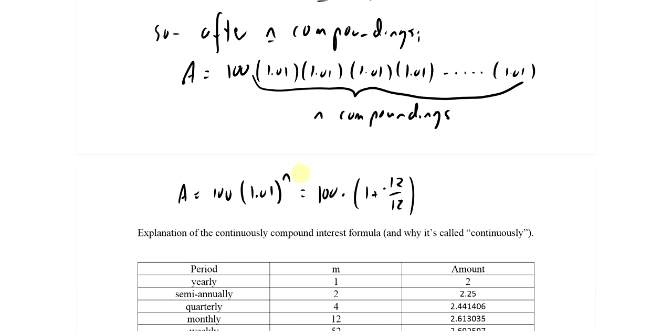So if you're doing this 12 times a year for t years, n is going to be 12t. And so that's really our formula. You can go through the whole thing and replace the 0.01 by an r and the 12 by an m, and you get the same thing. So that's how that works.